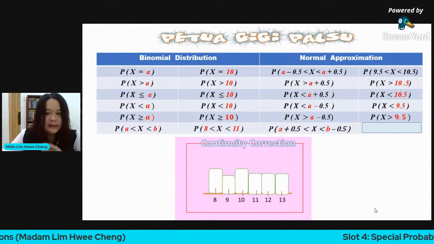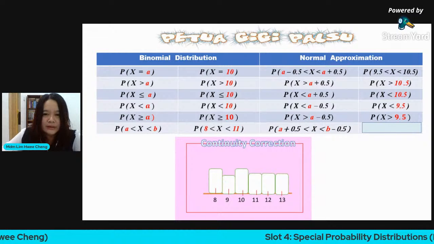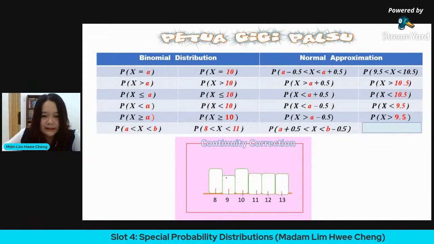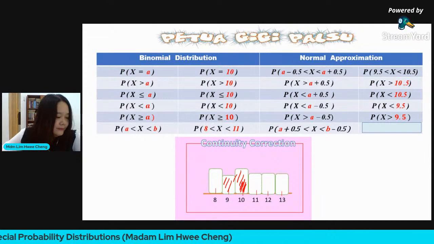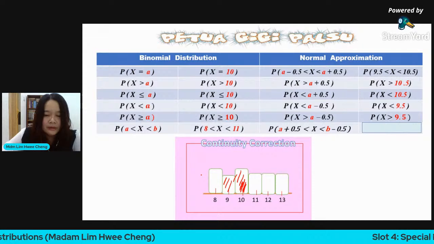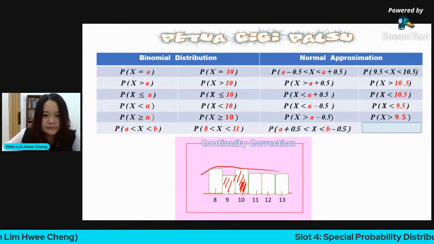And if I have the last one, greater than 8 and less than 11. Greater than 8 is this, and less than 11, this is the regions.